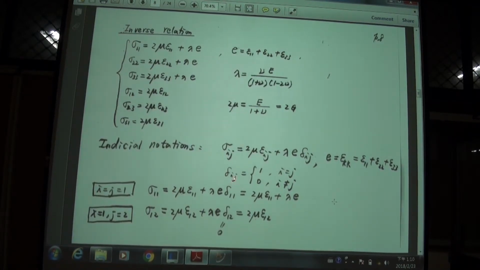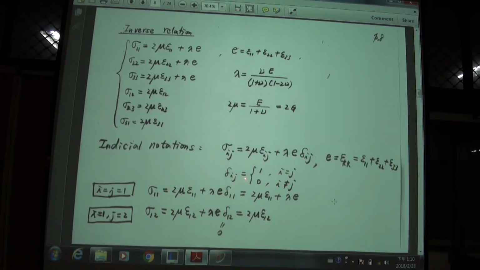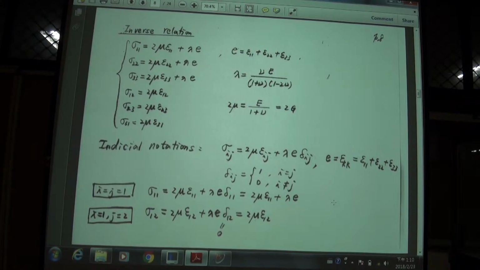So delta ij equals 1 when i equals j, and delta ij equals 0 when i does not equal j. This just means that in a unit matrix, the diagonal components equal 1 and the off-diagonal components equal 0. This is the feature of the unit matrix.